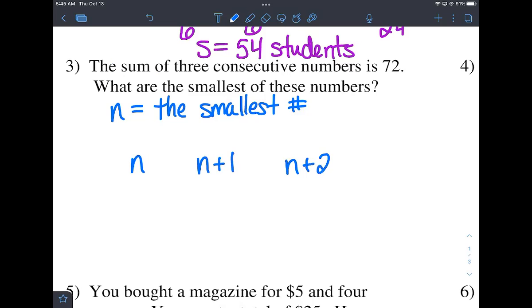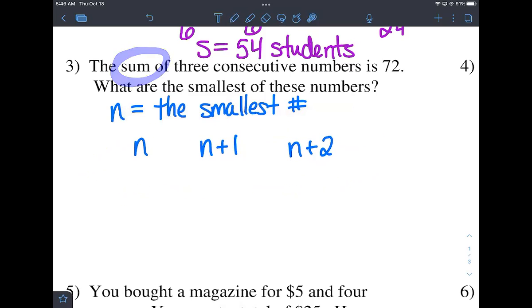Plus 2 more. So if N is 10, you have 10, 11, and 12, right? Okay. So those are our 3 consecutive numbers. What does sum mean? Sum means, Hugo? We're adding them. Yeah, so when you add them together, we're supposed to get a sum of 72.